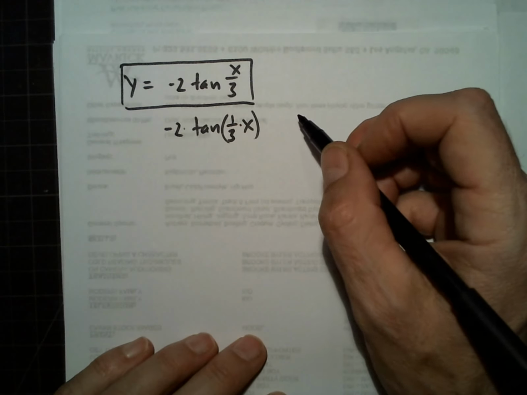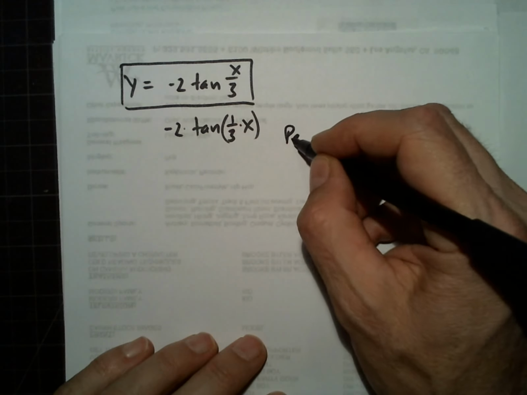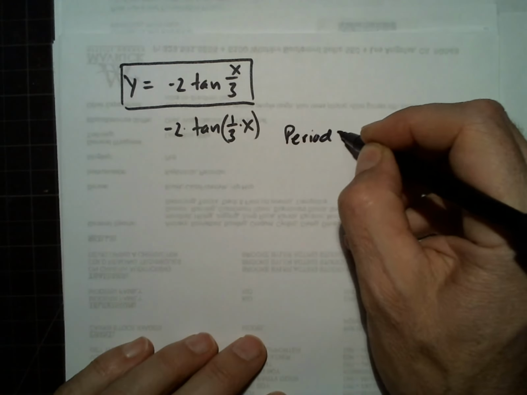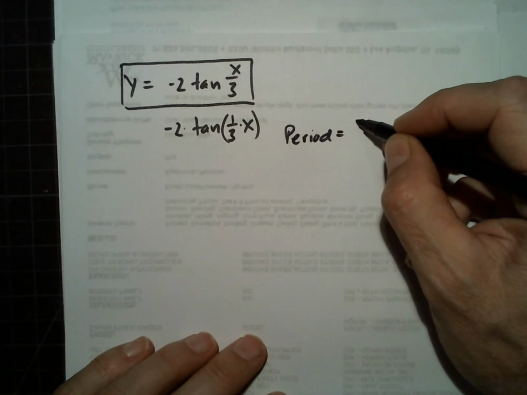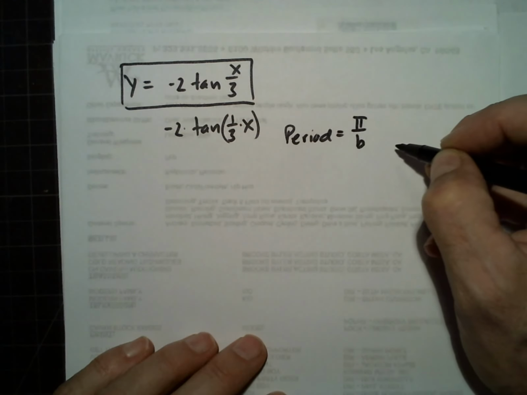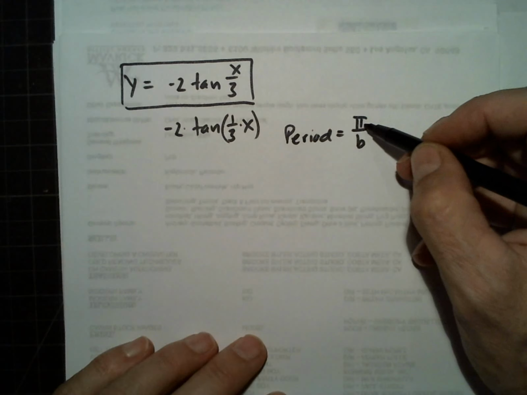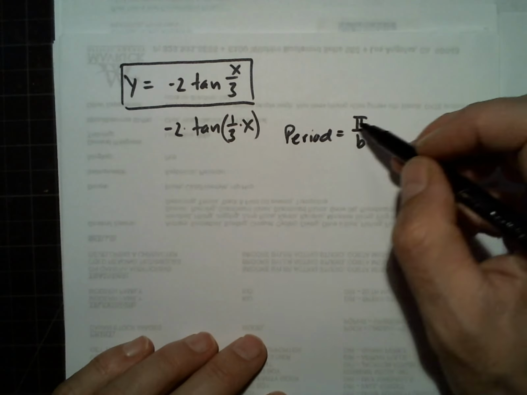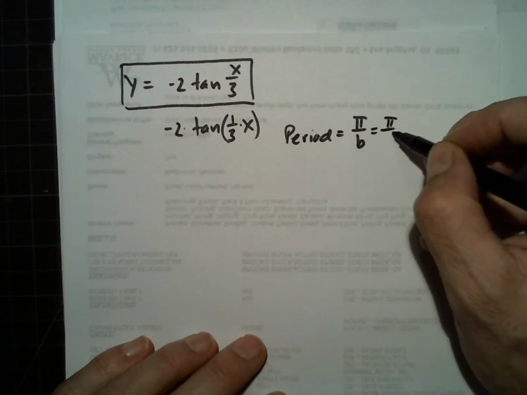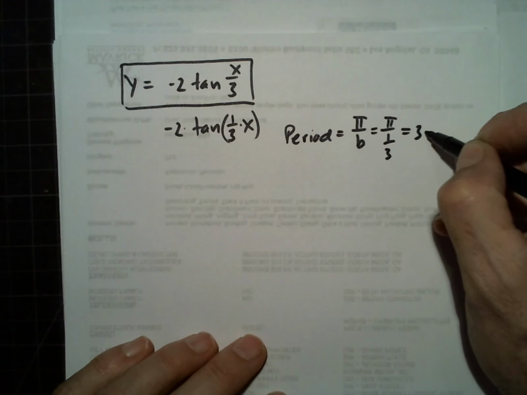We can also talk about the period, and this is different from the other trig functions because the period is not 2 pi over b, it's just pi over b, because the parent function has a period of pi. So here the b is 1/3, and pi over 1/3 is 3 pi.